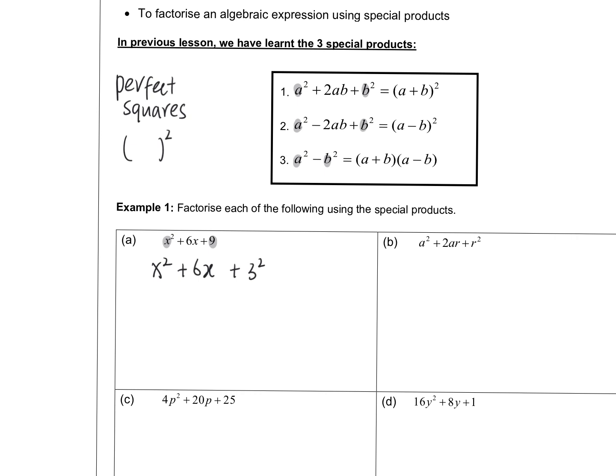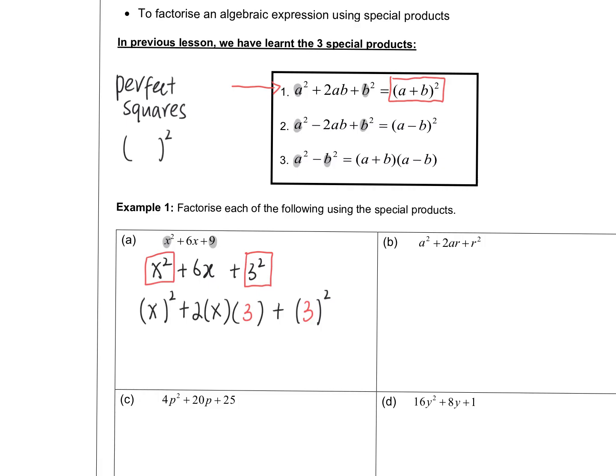Can you see these are my two perfect squares? I want to make use of this to change my answer to this. So now, can you see that this is a squared plus 2ab plus b squared? I want you to see that actually this is the same.